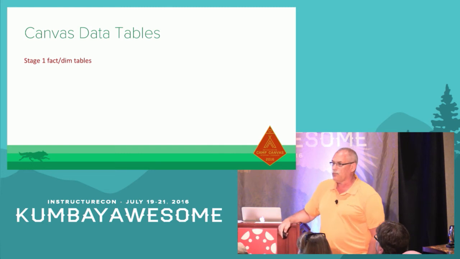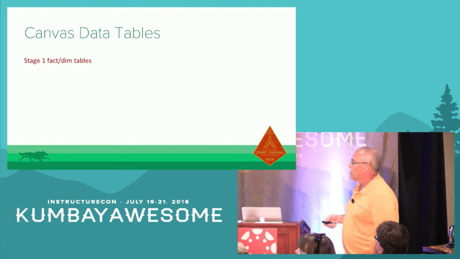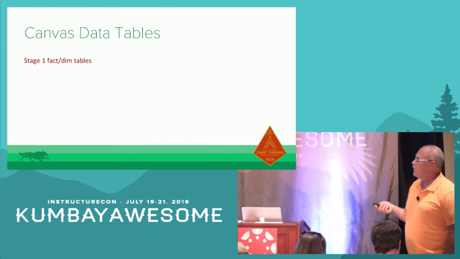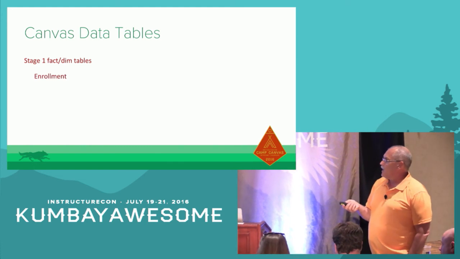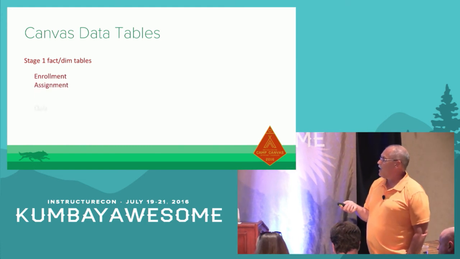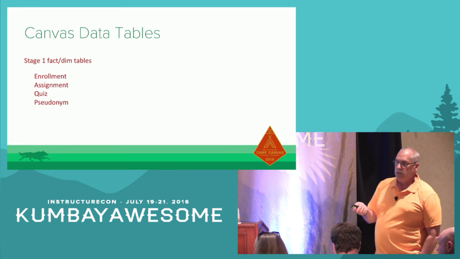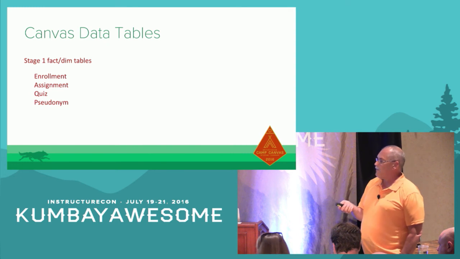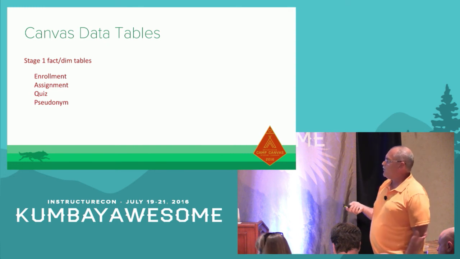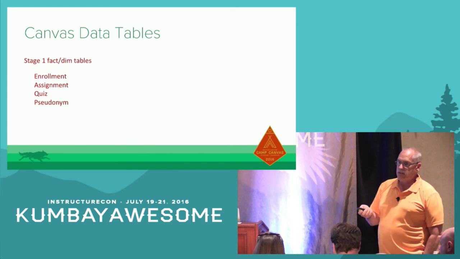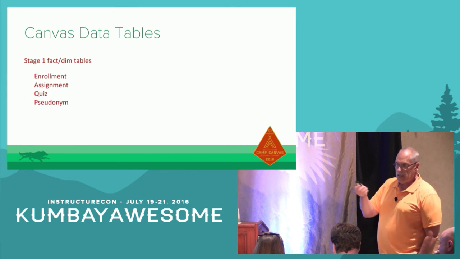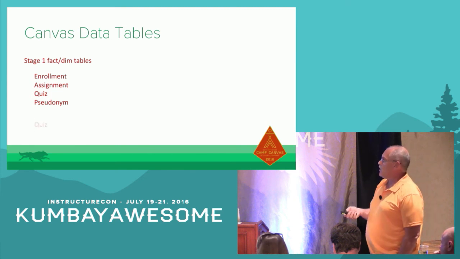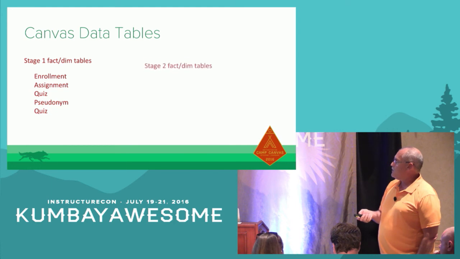So we're going to approach this in 2 stages. As stage 1, we're going to live in these tables: enrollment table, assignment table, quiz. Pseudonym we'll pull because of the staff IDs. They live in that table, so we'll pull that to match that to the IDs that we push into other pieces of software, and of course the quiz.